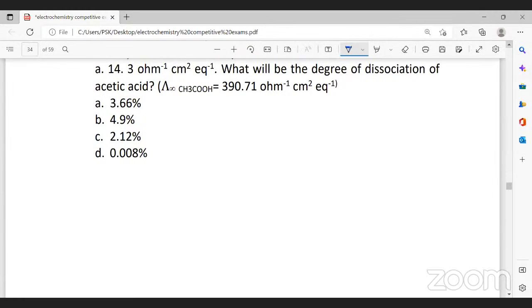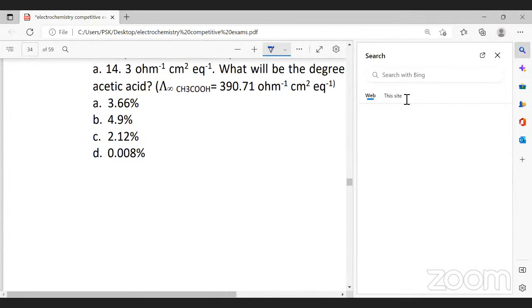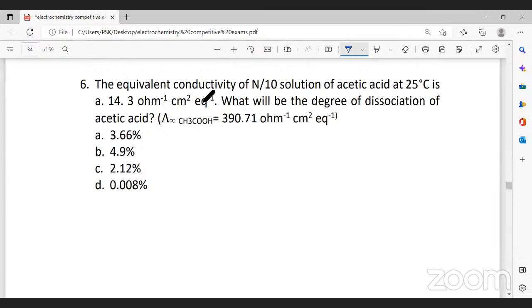The next question is also a simple question. The equivalent conductivity of N by 10, that is 1 by 10, solution of acetic acid at 25 degrees Celsius is 14.3 per ohm centimeter square per mole. What will be the degree of dissociation of acetic acid?